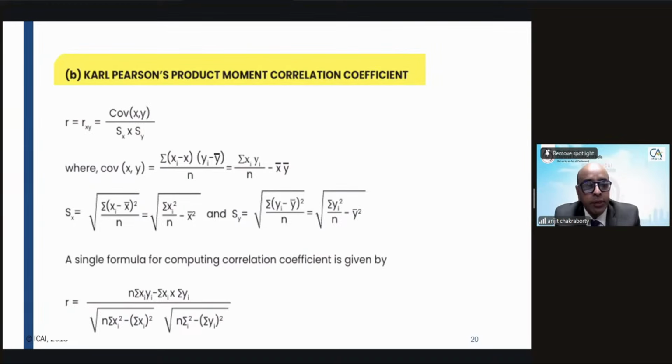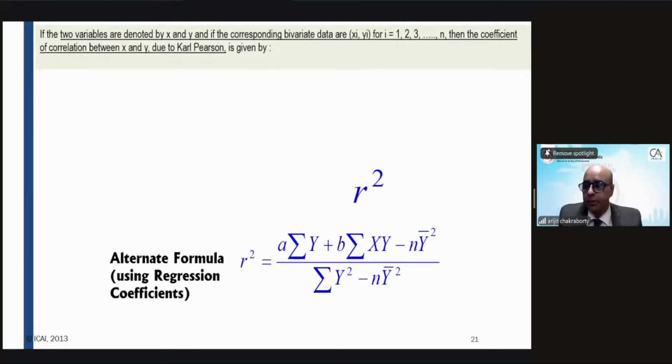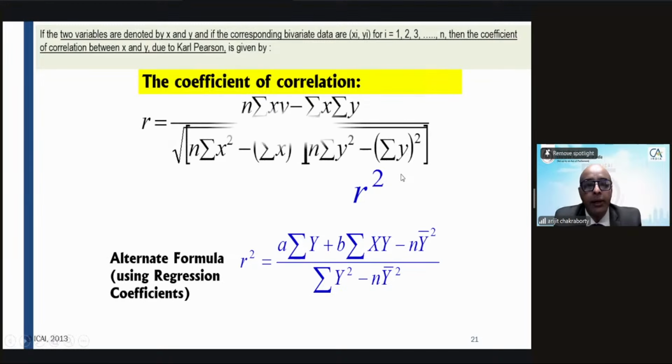This is from the study material, where covariance of X and Y means that means joint variation of X and Y, whereas in the denominator you are getting the individual variation of X, which is measured by the standard deviation of X, and individual variability of Y, which is measured by the standard deviation of Y.